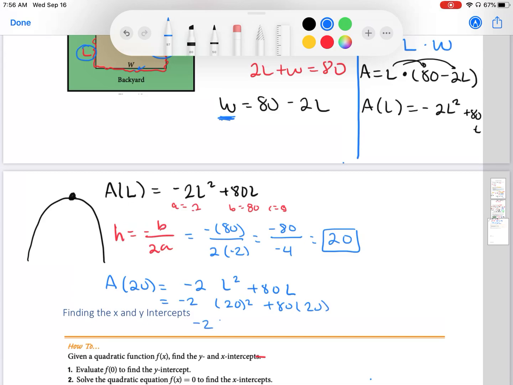So we have negative 2 times 20 squared is 400 plus 80 times 20. We're left with 1600.